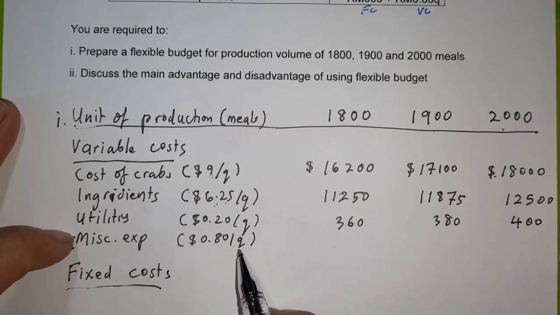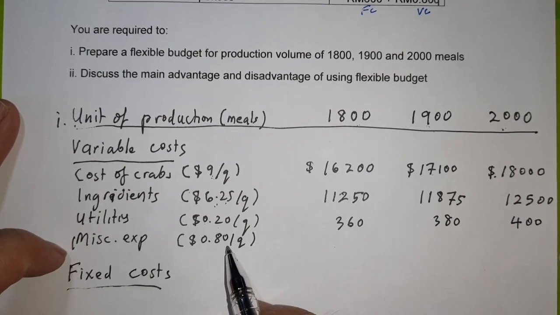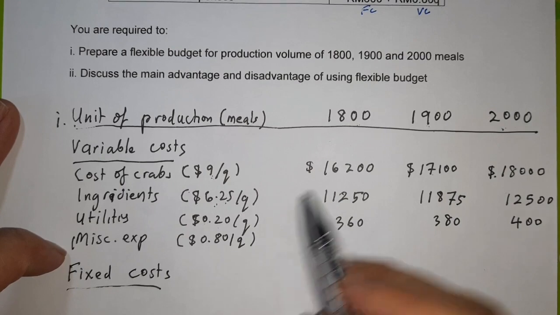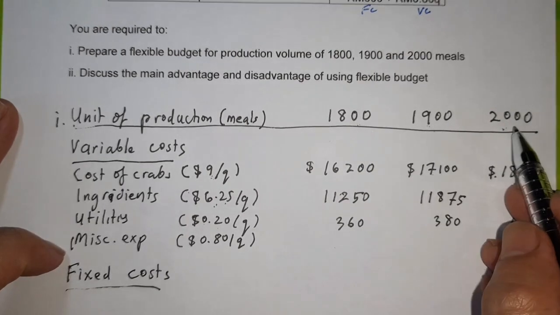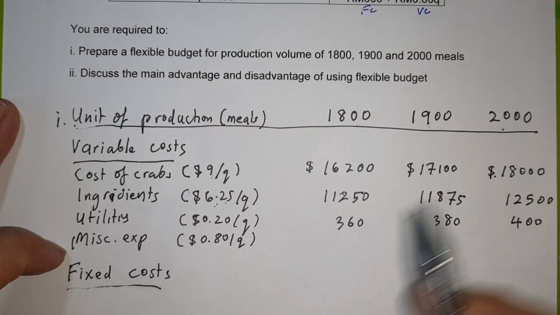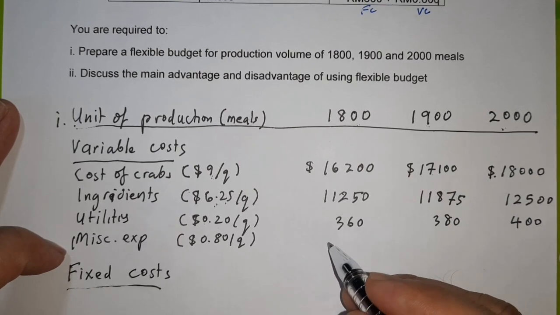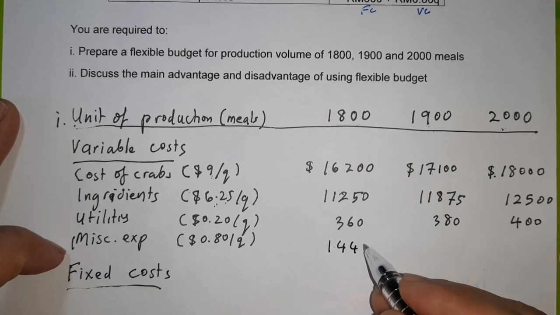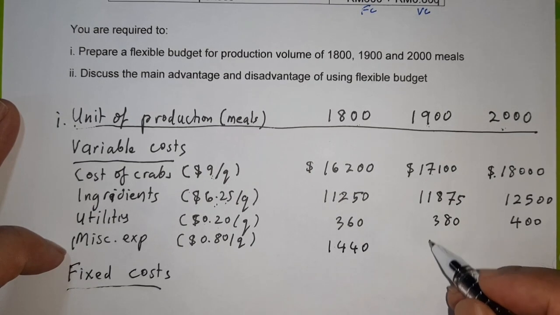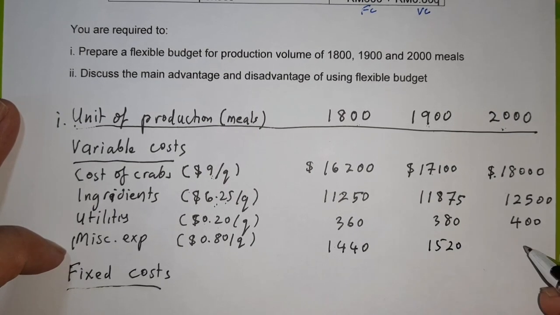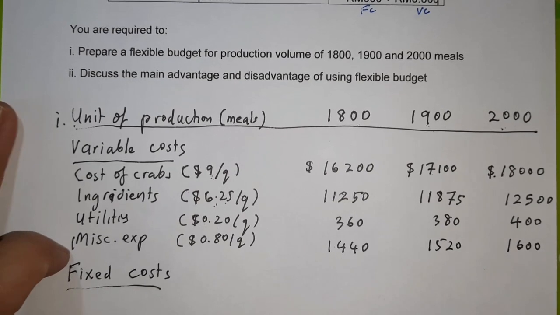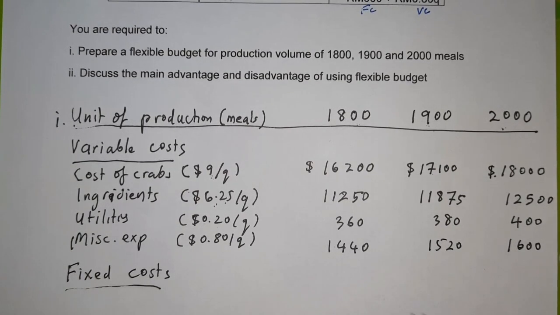For miscellaneous expense, 80 cents per meal for these 3 levels of production. So 80 cents times 1,800, 1,440, 1,520, and 1,600.